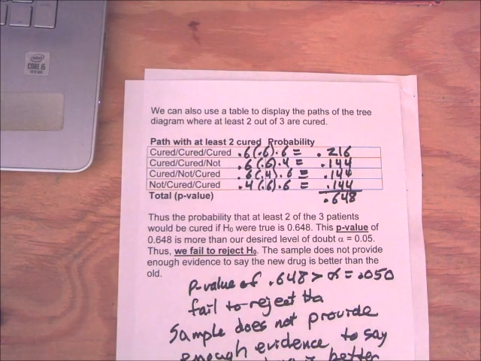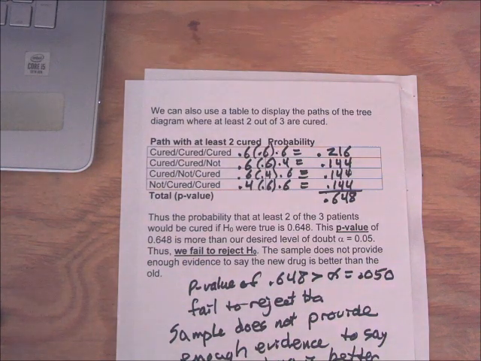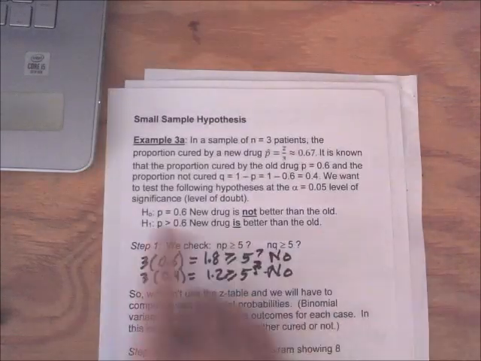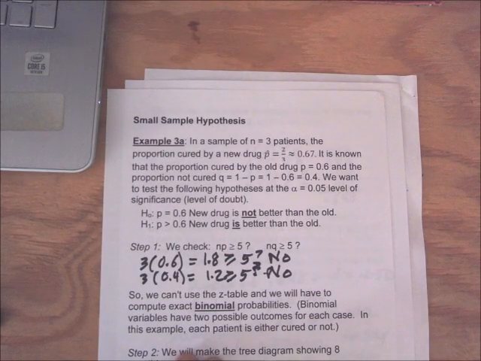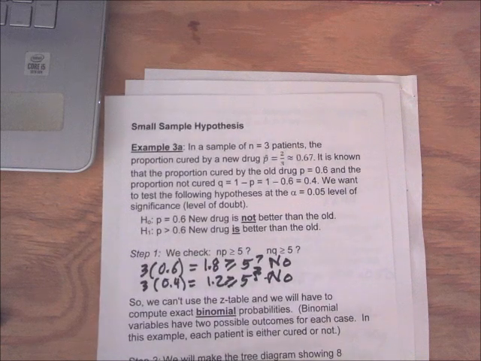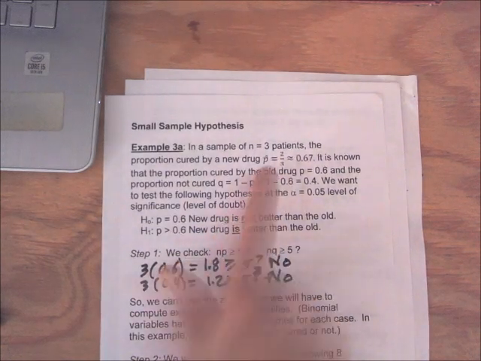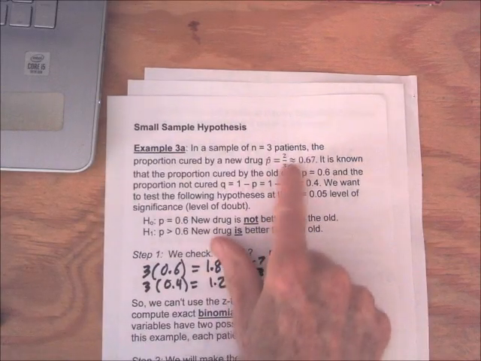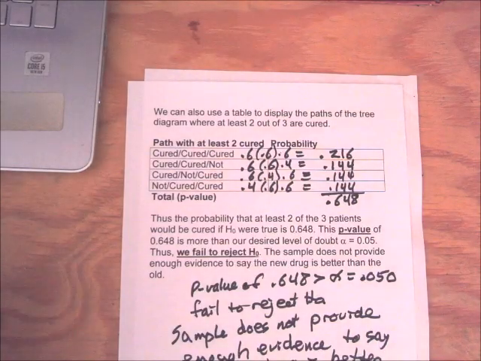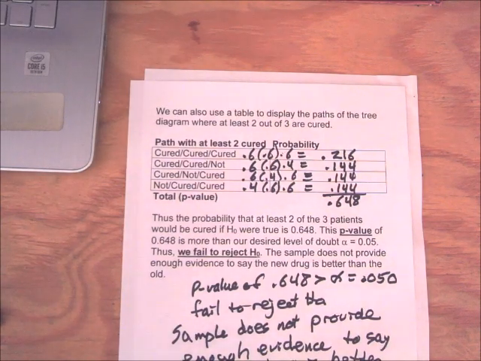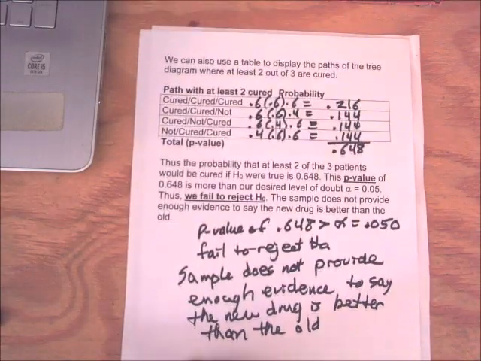We have a proportion of 0.67. It's a little bit more than the old drug, which cured 0.6. So it looks like it could be a little bit better, but the evidence is not strong enough. It might have happened just by chance that in this sample we had a slightly higher cure rate than the old drug, and that's partly because of the small sample size too. Small samples usually are not going to give you enough evidence to reject H0.